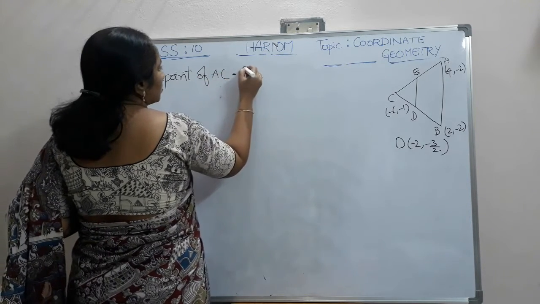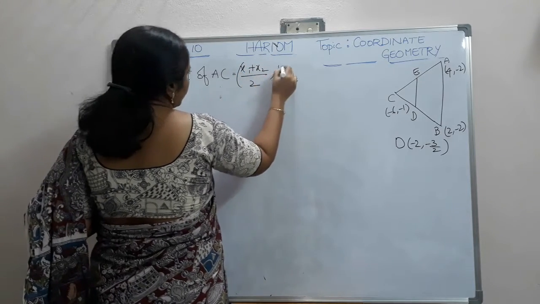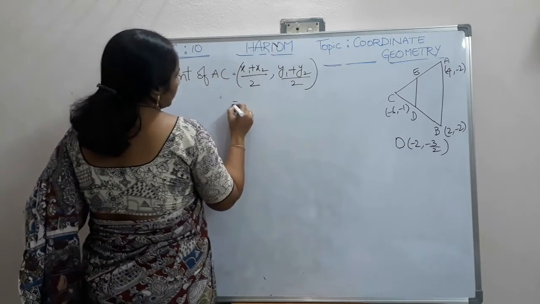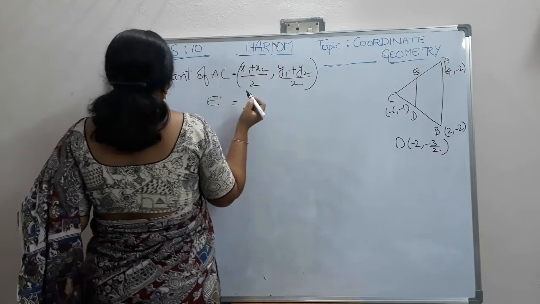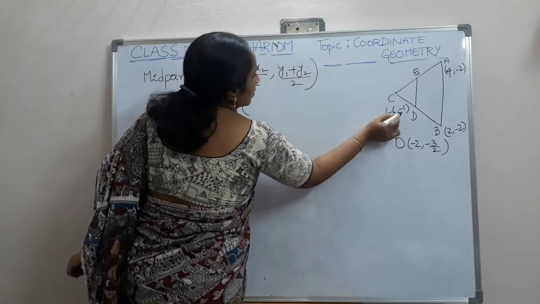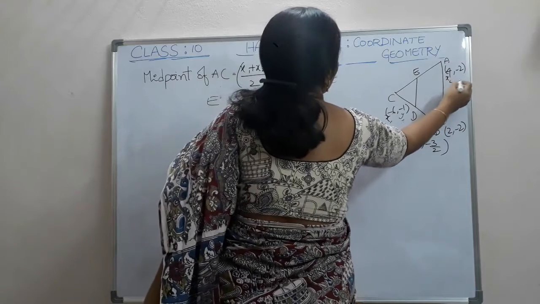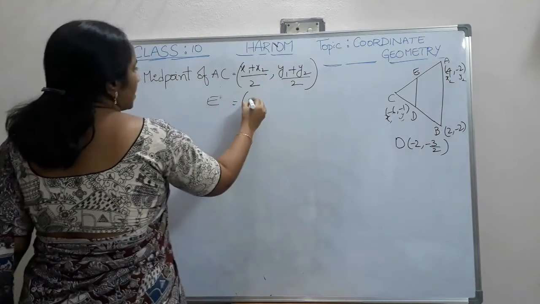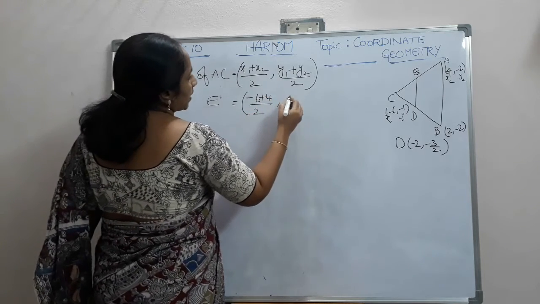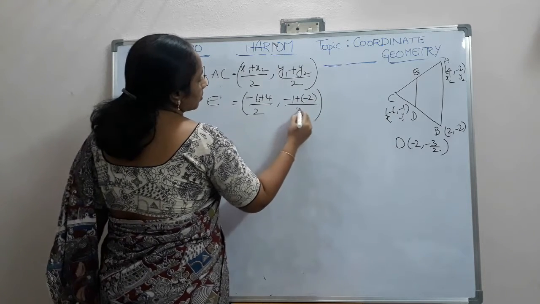Midpoint of AC is equal to x1 plus x2 by 2, y1 plus y2 by 2. AC is E. With x1, y1, x2, y2: minus 6 plus 4 by 2, minus 1 plus of minus 2 by 2.